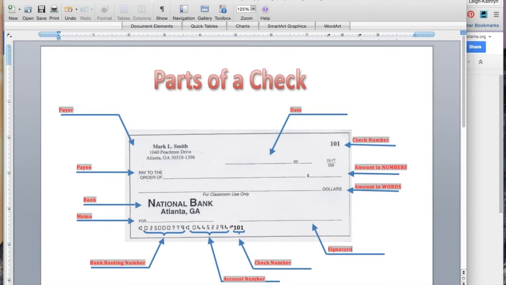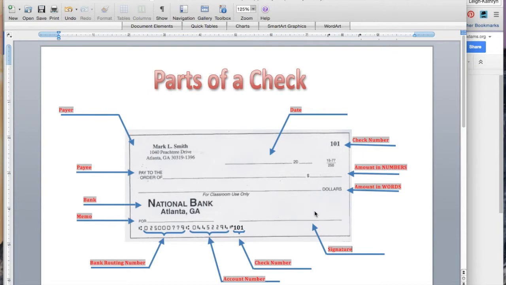So Mark is going to sign his check, and again, it's a signature. It must be in cursive. Banks oftentimes will not accept a check where the name is just printed in here. Theoretically, when Mark started his account, he will have signed an authorization card that the bank keeps on file.